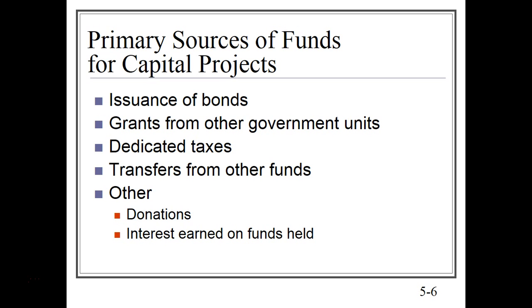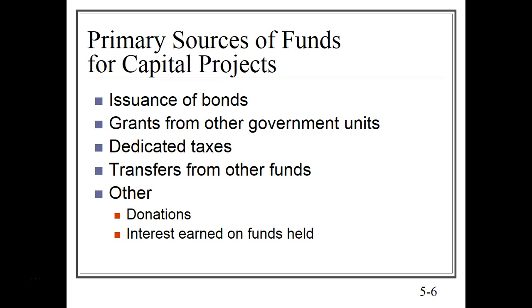So, for instance, you may give the bank, say, $1 million, and they may say, all right, because of this million, we will pay you X percent, which may be higher than the regular rates right now, so they can infuse money into their system. So basically, you're promising to pay other individuals a certain percentage because they let you borrow some of their money. You can have grants from other government units.